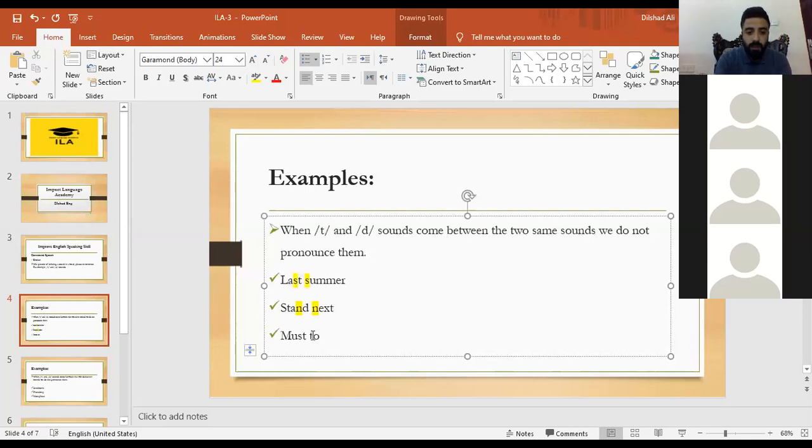Two T sounds following each other, we say must-T. One T will be sounded. So that was about the previous week.